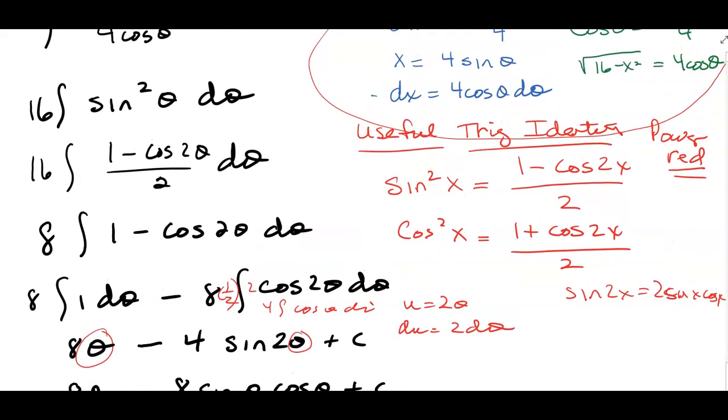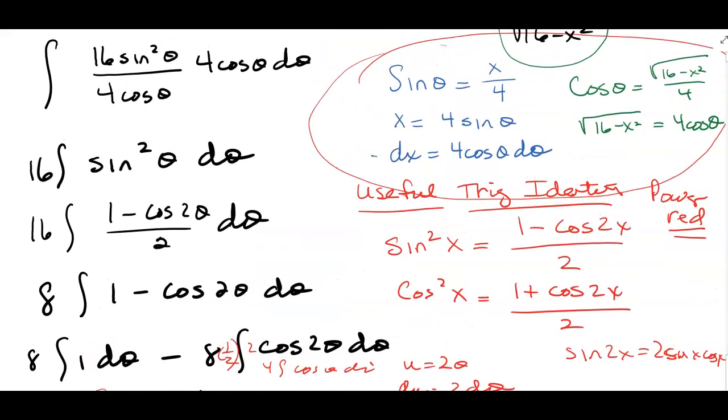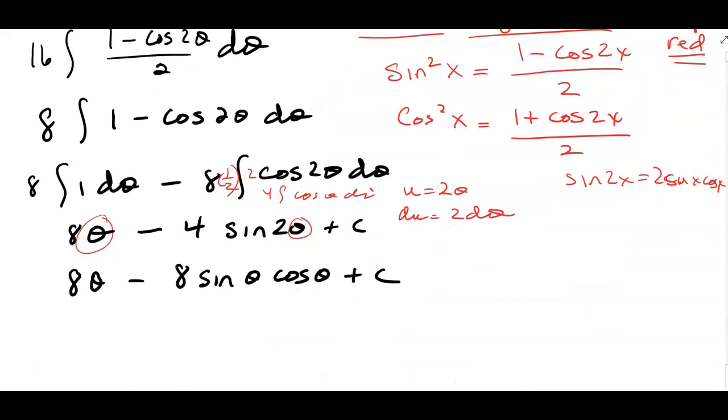All right, let's look. What does theta equal? Well, if sine theta equals x over 4, theta is sine inverse of x over 4. That's what an inverse function is. Minus 8 times, we just said sine theta was x over 4.